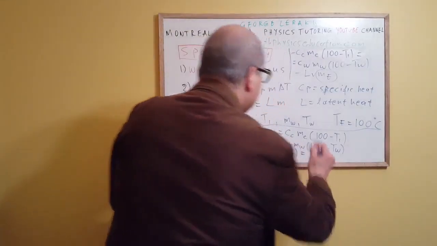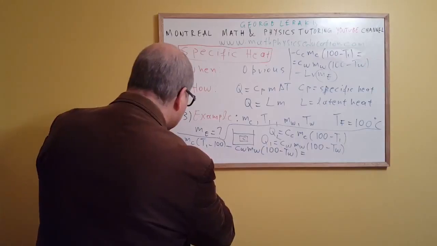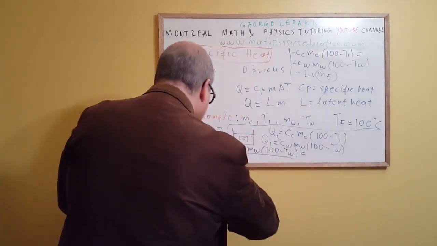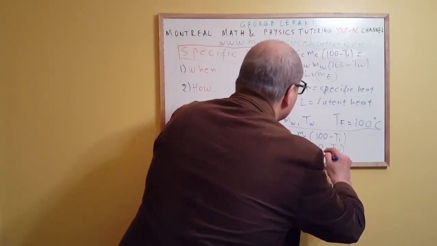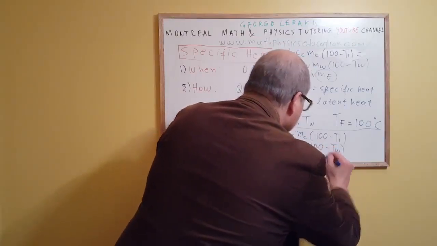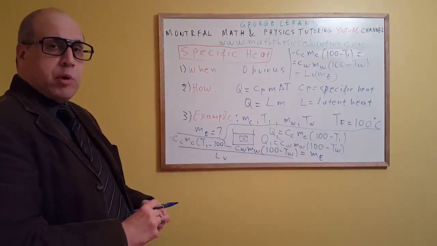So from here, if we divide all this with LV, that should give us what we are looking to find, the ME, which is the mass of water which evaporates.